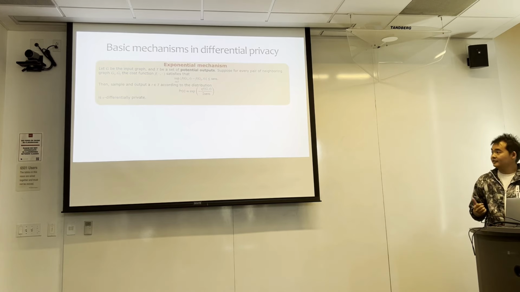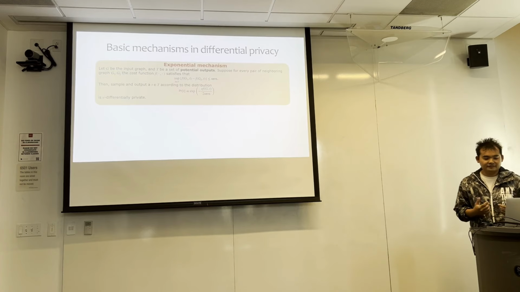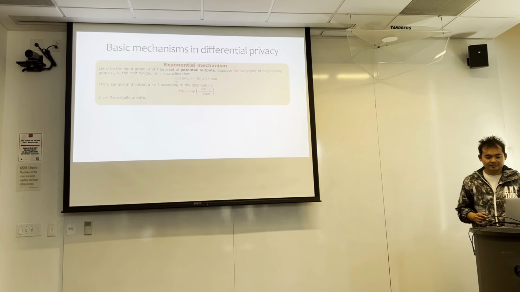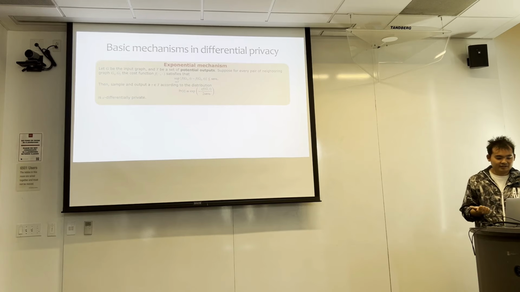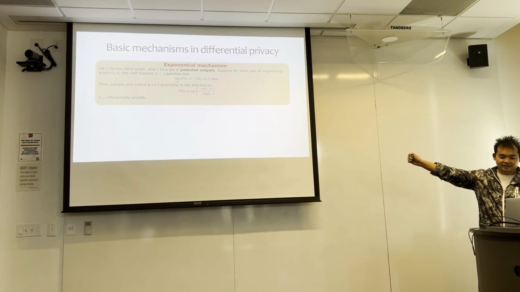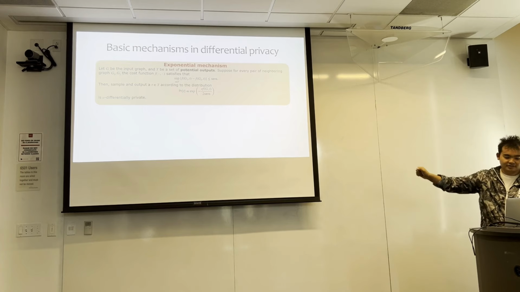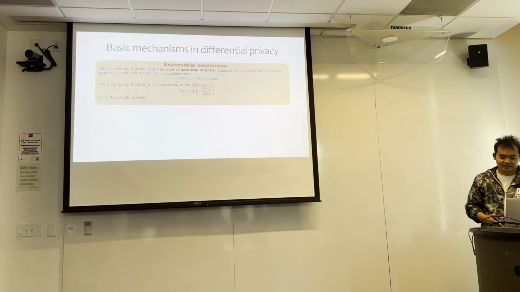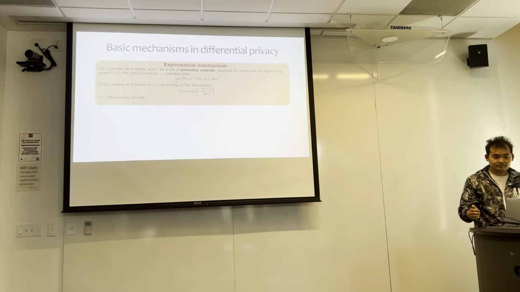Alright, so the exponential mechanism says that if T is the set of potential outputs, for example, all possible cuts, and suppose the attached utility function is Lipschitz in terms of adding or deleting an edge, then sampling from the distribution decided by the utility function and the sensitivity is epsilon differentially private.